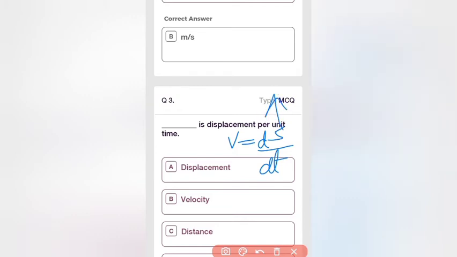Here this S represents not the distance but displacement. So therefore V is velocity, not the speed. Displacement has direction, so velocity will have direction. So it's a vector quantity, right? So option B is the correct answer. Displacement by time is velocity.